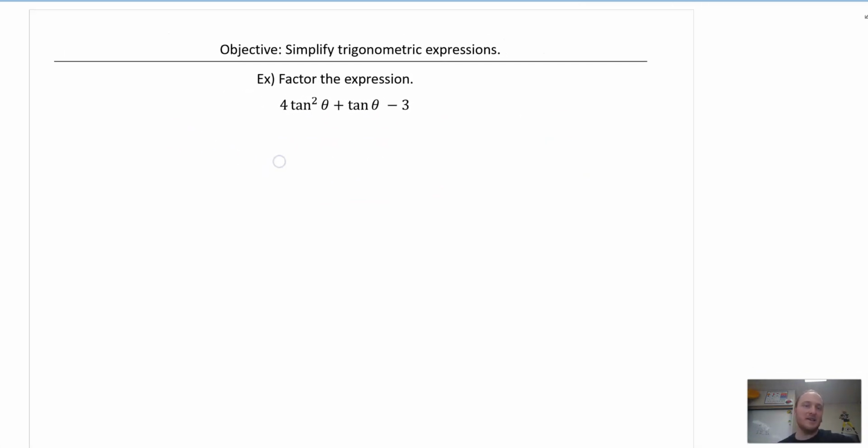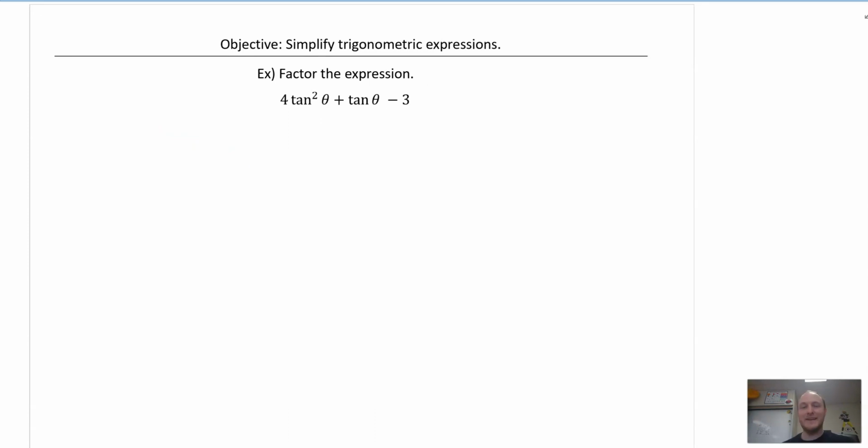Okay, here's our next one. In this one, we're asked to factor the expression. And again, I have 4 tan squared theta, so that's just tangent theta squared. What I want you to think about is what if I had asked you to factor 4x squared plus x minus 3?